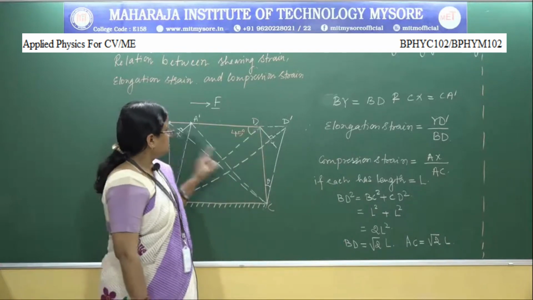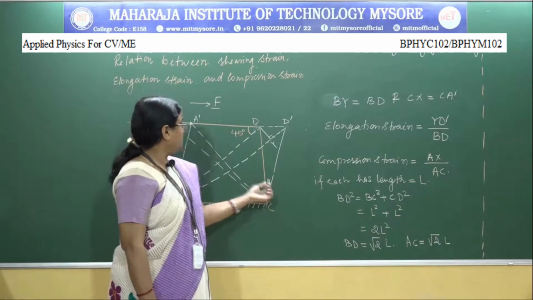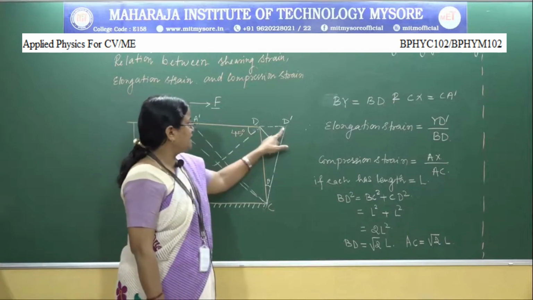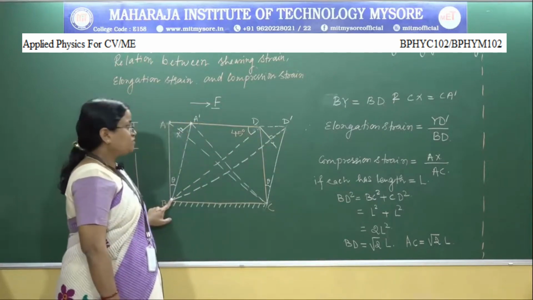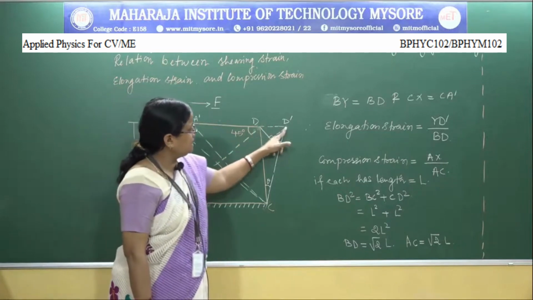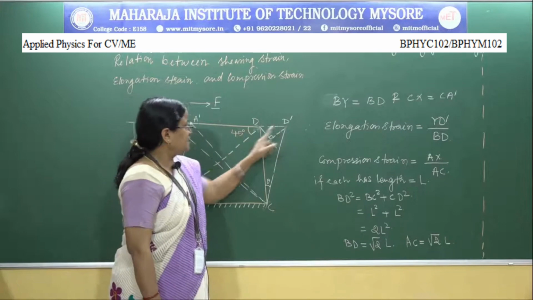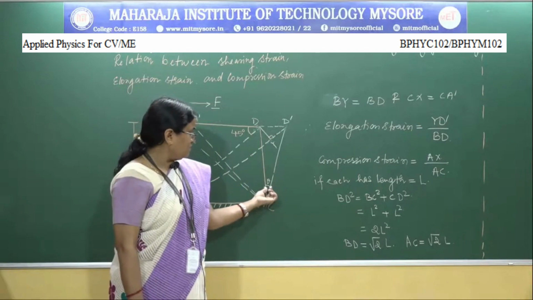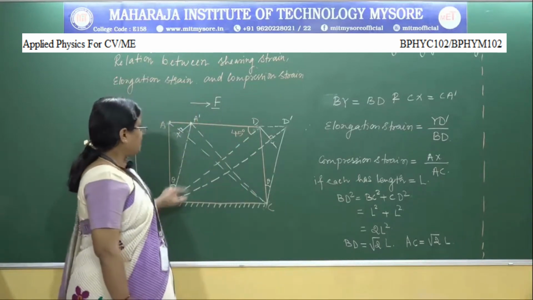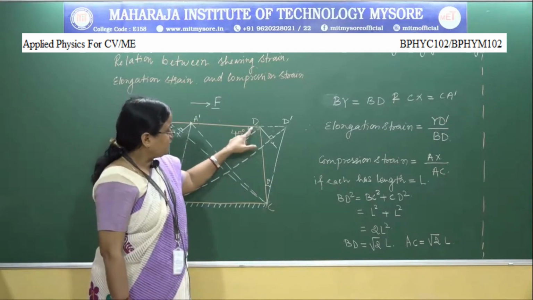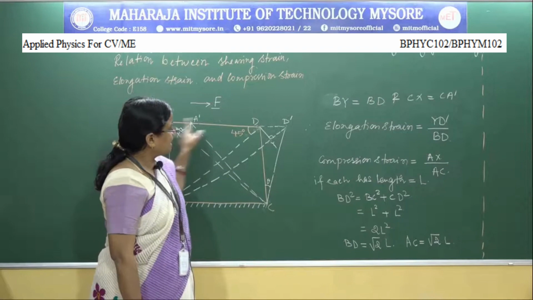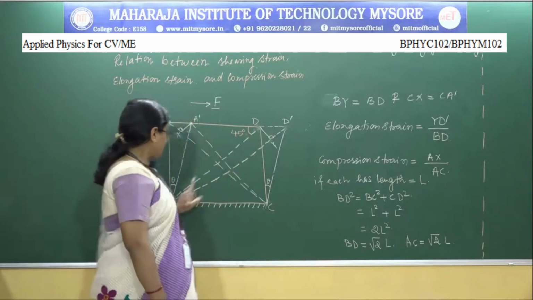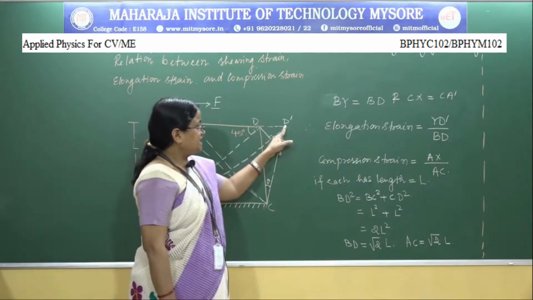So as theta is very small, angle ADB will be equal to angle AD dash B. So we can even consider angle DD dash B is equal to 45 degree. As the change is very small, ADB has an angle of 45 degree, so we consider the same for AD dash B, and so for D dash Y.